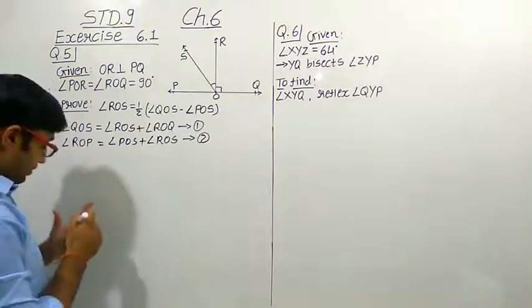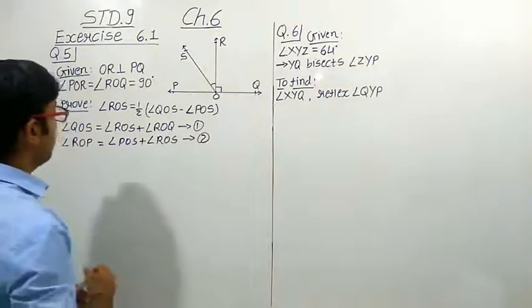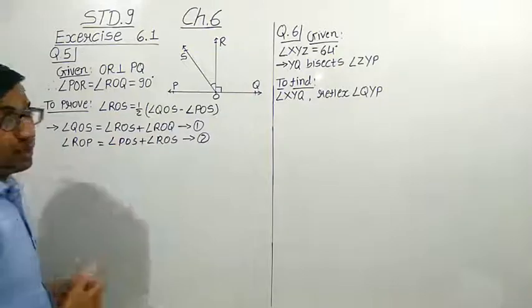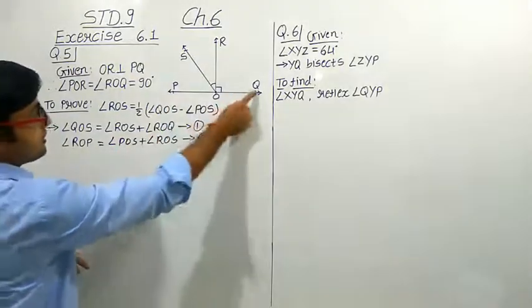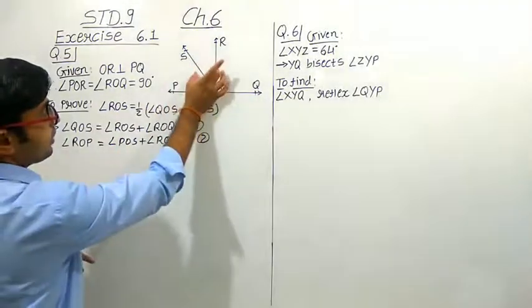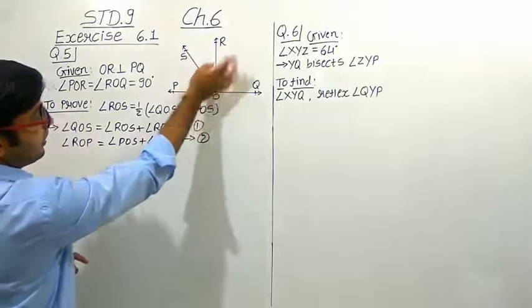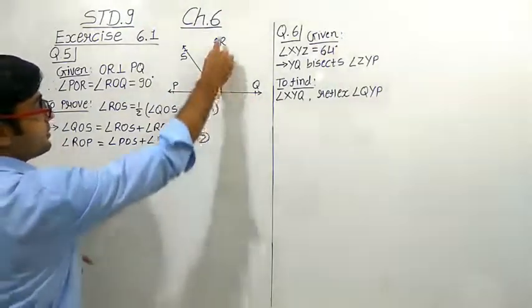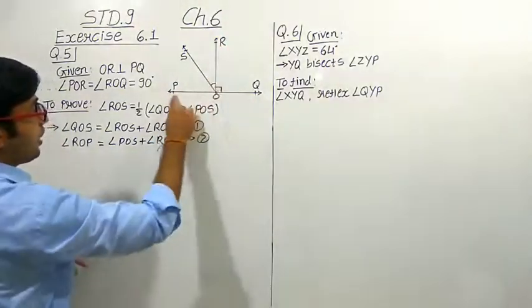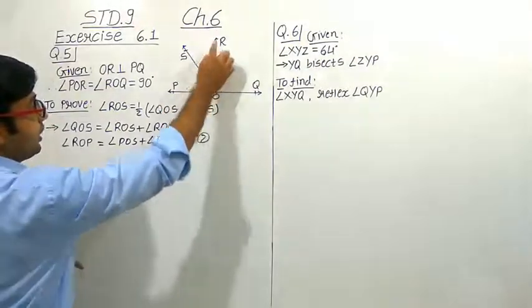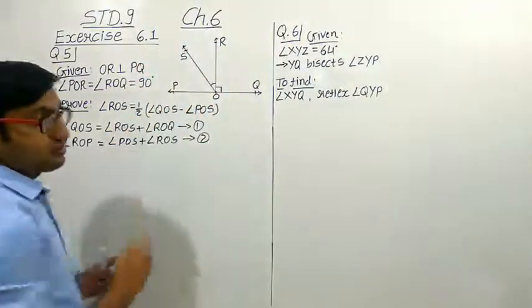Right? Currently we do not have to do anything, we just write down the angles as the sum of two angles. This angle QOS, the total angle, is made by these two angles ROS and ROQ. In the same way, this angle ROP or POR is the addition of these two angles ROS and POS.